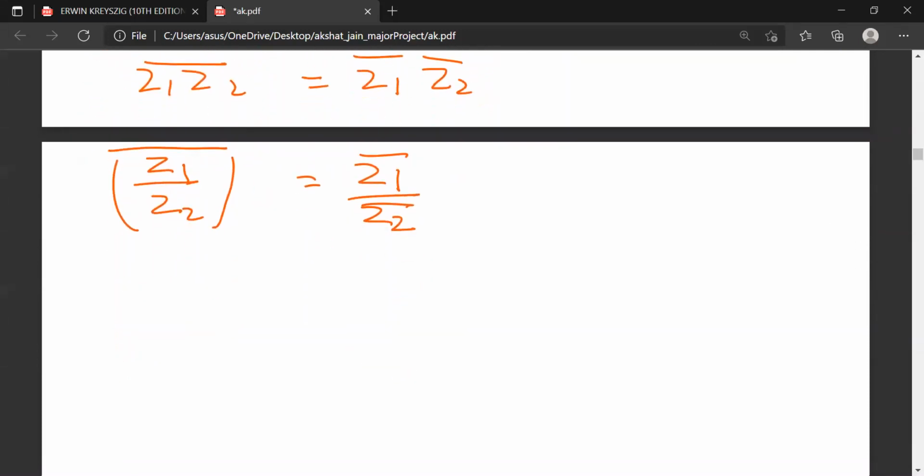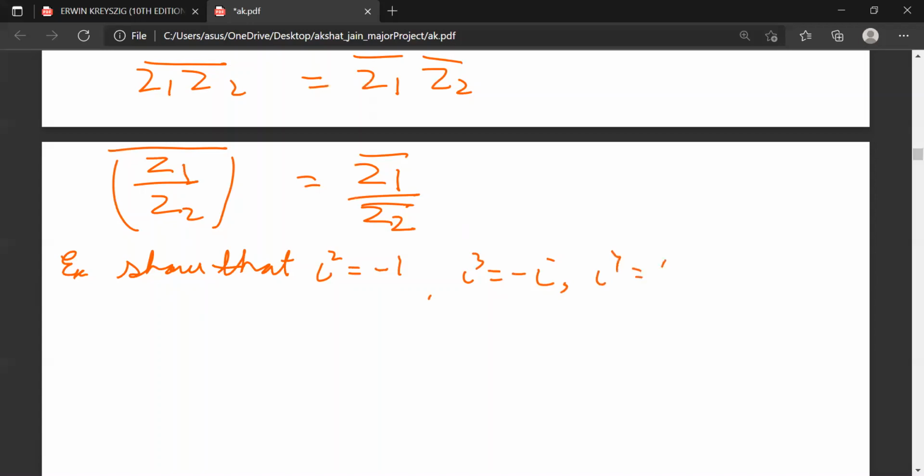Let's do one example. Let's show that i square equals minus 1, and we know i cube equals minus iota.